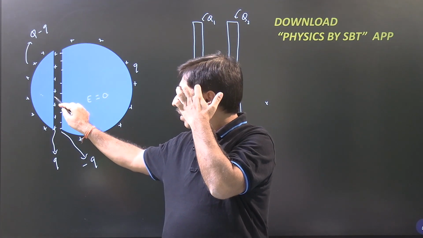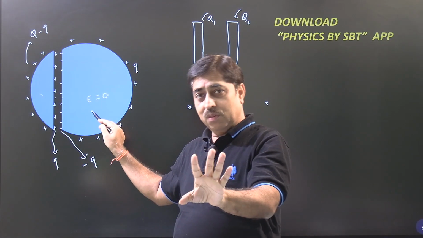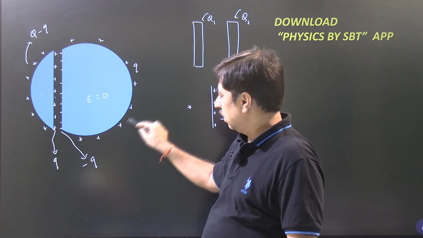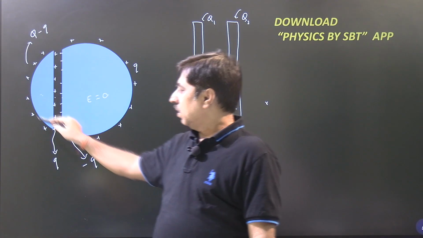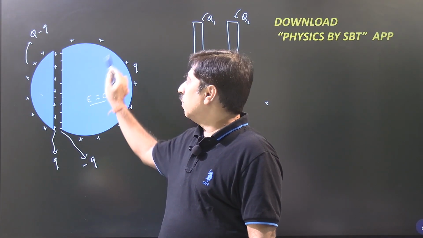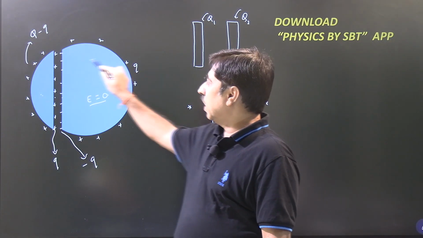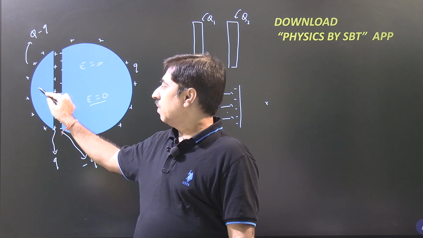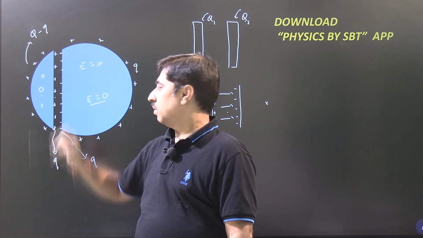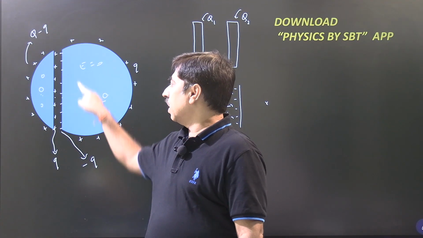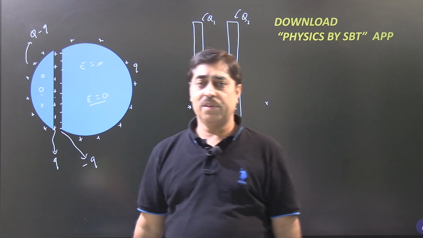So the electric field because of these two small q charges is 0, which means the electric field due to the charge present on the spherical surface must be 0 here. Because of this charge, the electric field must be 0 here, here and here also. Because of these two charges, the electric field is 0 obviously at all these points.